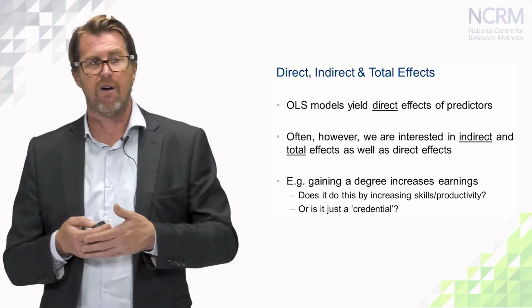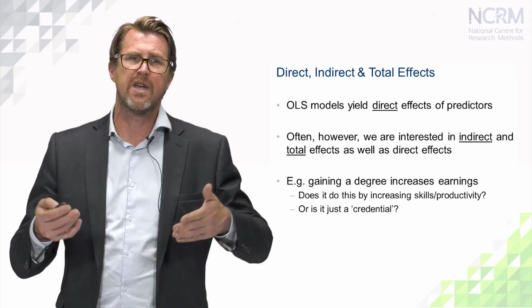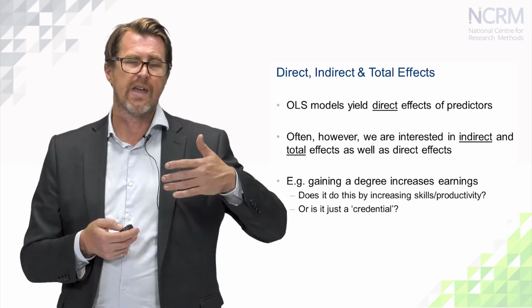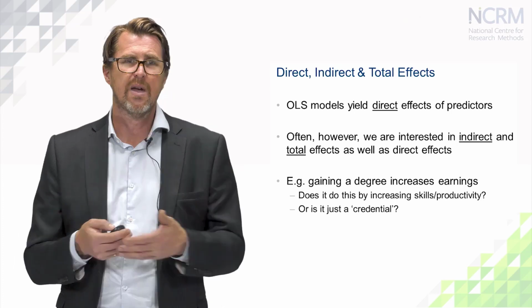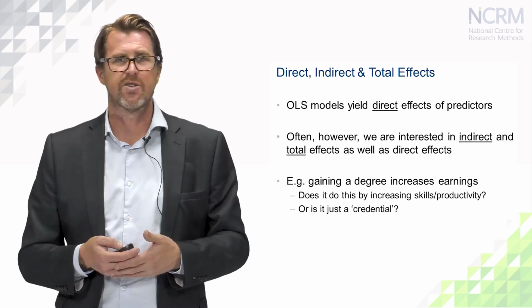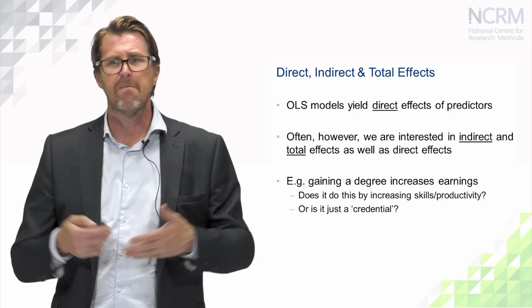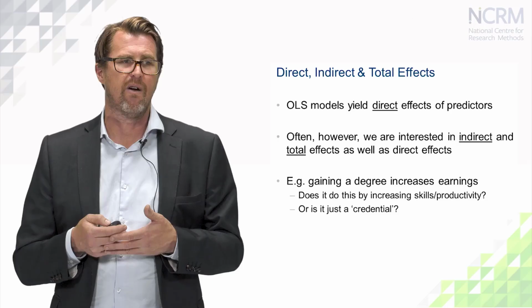On the other hand, from a more sociological perspective, it might just be that the degree is a credential, and that it hasn't really endowed the individual with any greater skill or productivity, but it's just given them a certificate which enables them to get to the top of the queue ahead of people who don't have that degree. And those kinds of mechanism questions are often very important for policy and are at the heart of what we're doing when we're fitting mediation models.